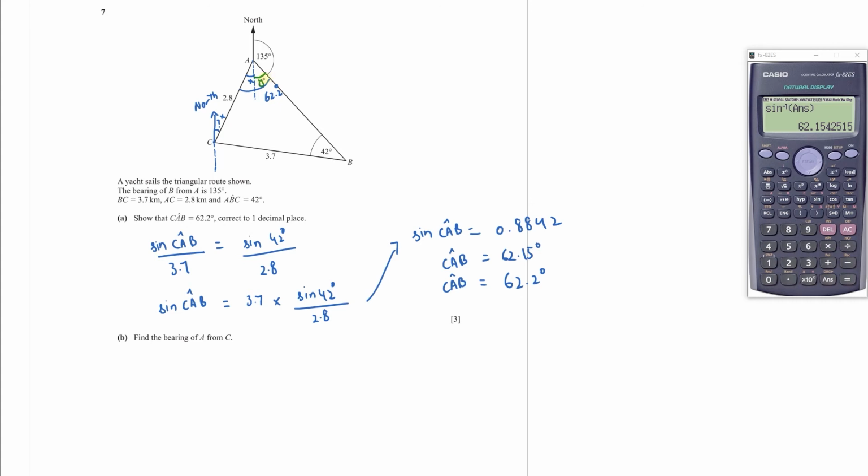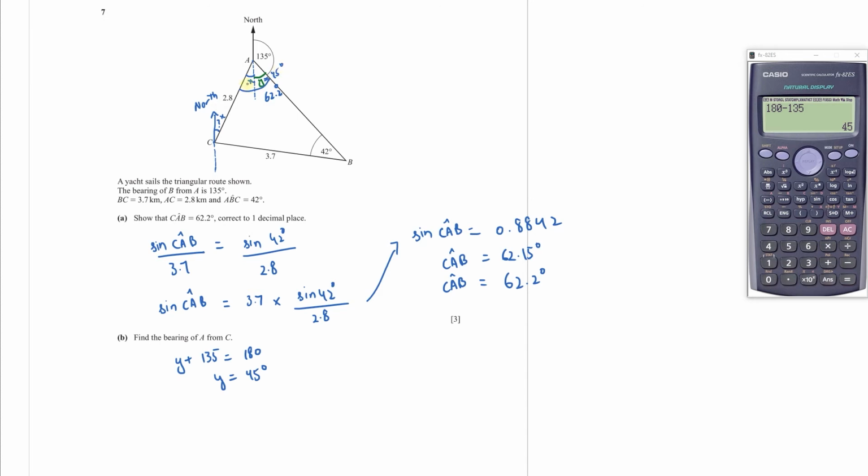And I can calculate this angle Y because this is a straight line. And now I know that this angle is 135 degrees. So Y plus 135 should equal 180. So this will give me Y equals 180 minus 135, which is 45 degrees. So this is 45 degrees, this angle Y here.